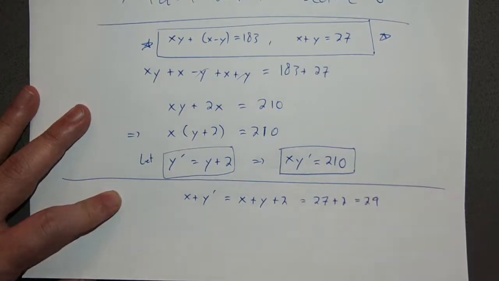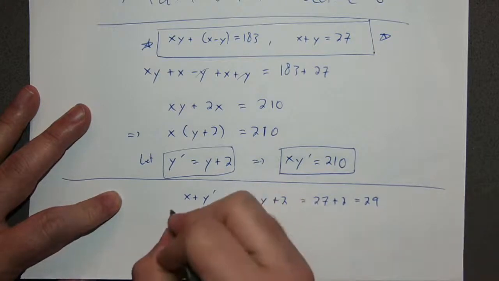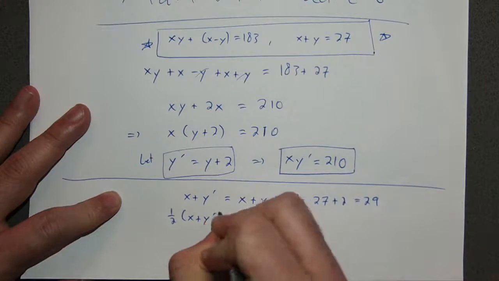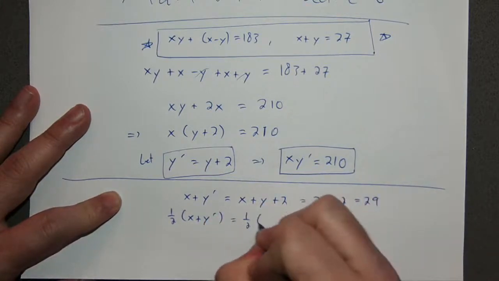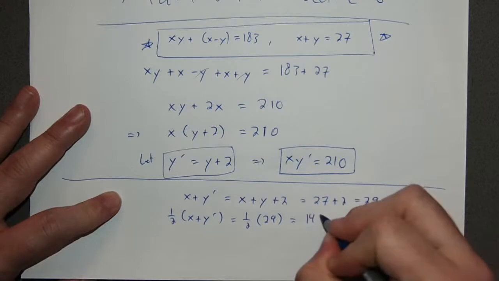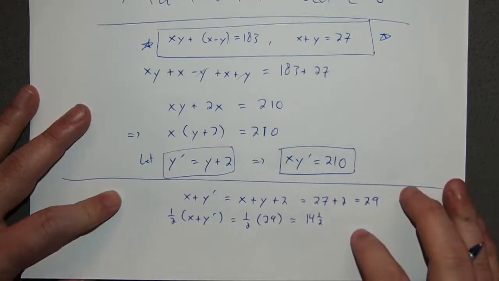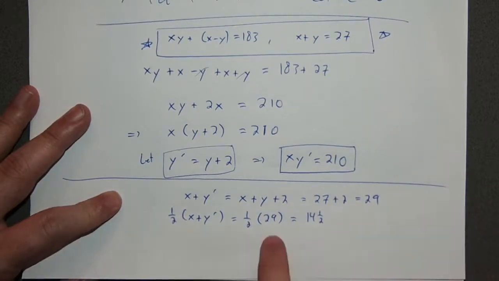All right. Thus, 1 half of this quantity, 1 half of x plus y prime, is 1 half times 29, which is 14 and a half, to use mixed numbers. We're using mixed numbers here because we're just verbatim translating from the tablet, and 14 and a half is what we get here. 1 half of 29, 14 and a half.